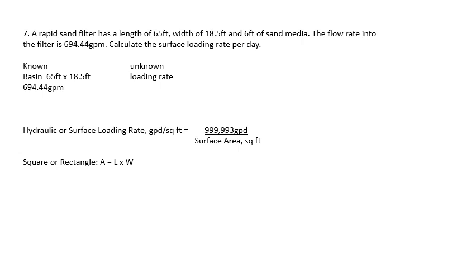Again, the surface area of a rectangle or square, length times width. Plug in your 65 feet times 18.5 feet. Leaves you with 1,203 square feet. Plug that into your formula. Do your division. Your answer is 832 gallons per day per square foot.